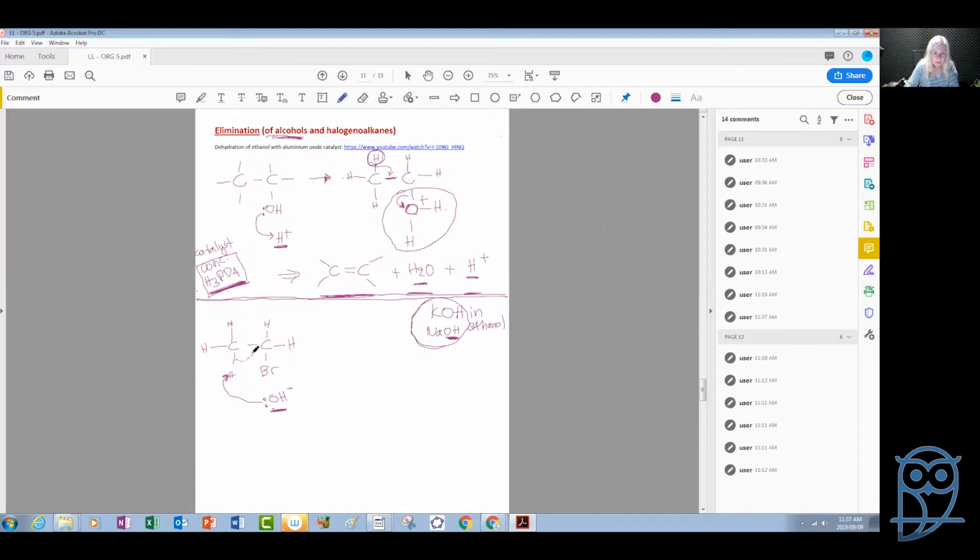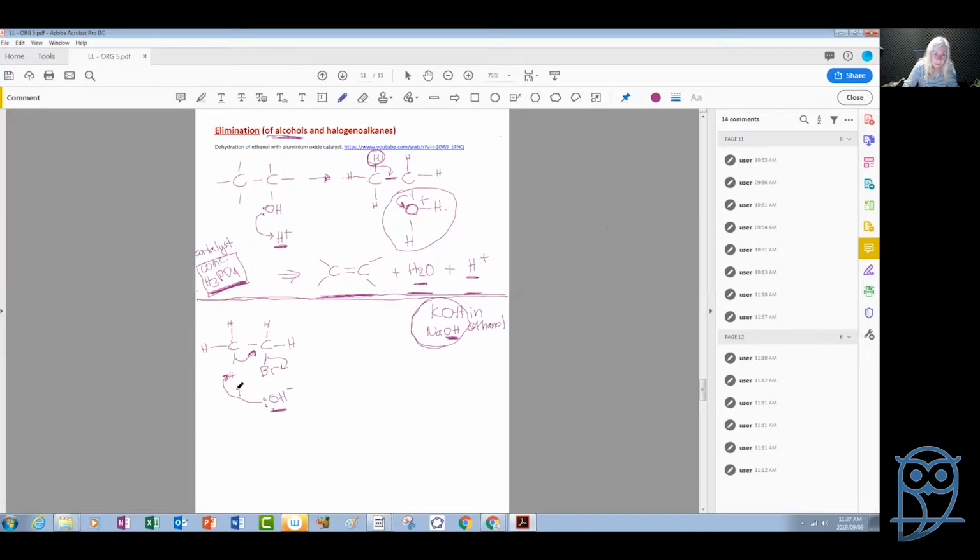So, in other words, at the same time, this pair of electrons forms a double bond between those two carbon atoms, and the carbon-bromine bond breaks. And so that is the third thing that happens here.